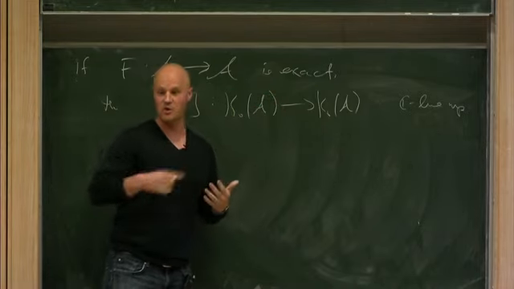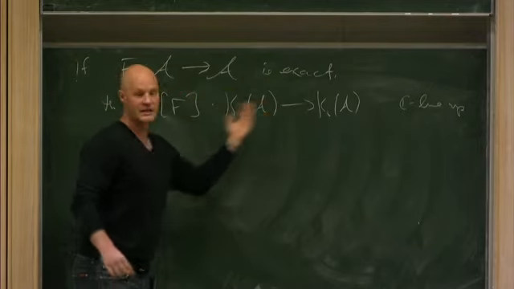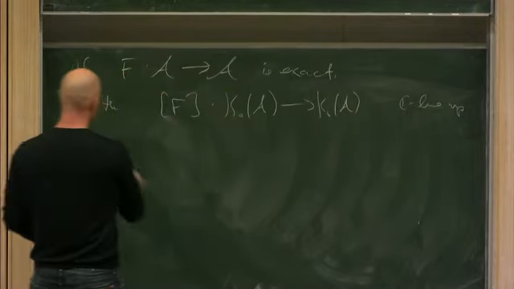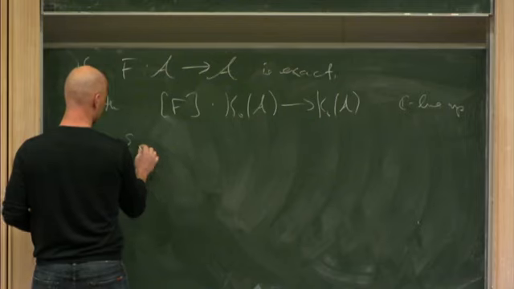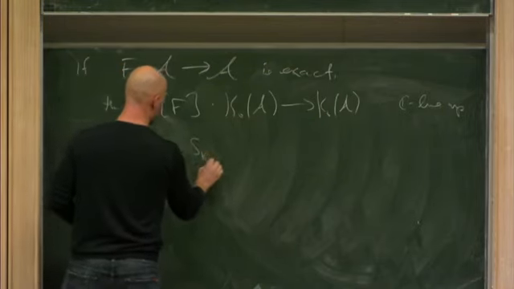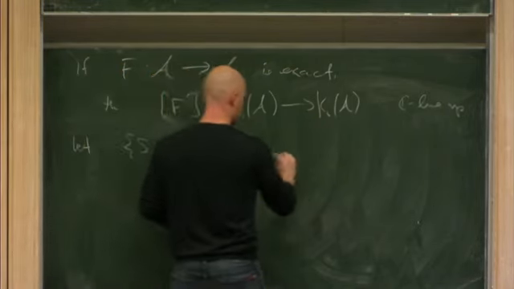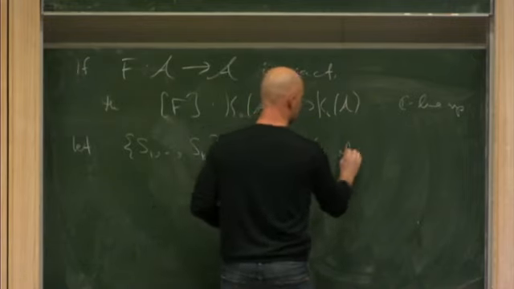So if F comes from a group action so that F is invertible, what kind of linear maps can you get here? But okay, so let's say S1 through Sk are the simple objects of A.